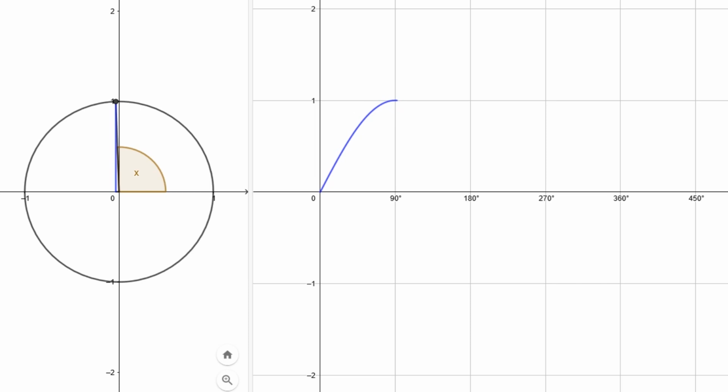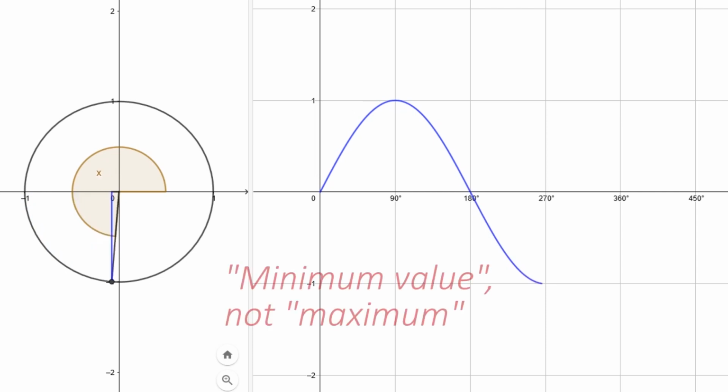Let's now let the angle increase from 90 to 180. It's easy to see we're going to get the mirror image as the height decreases to 0. If we now go from 180 to 270, we'll see the same thing but with negative values of sine, as the line is now underneath the x-axis, with a maximum value when we get to 270 of -1.